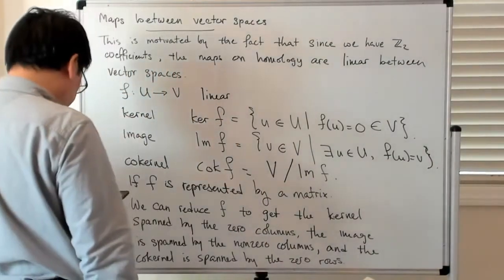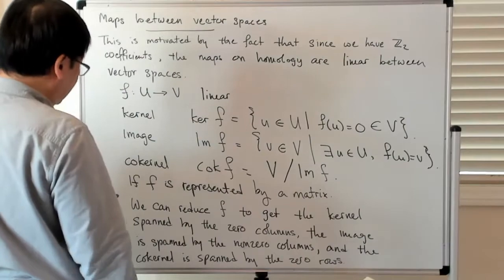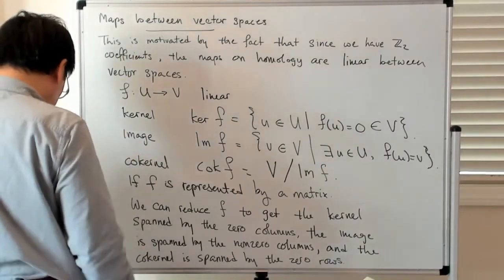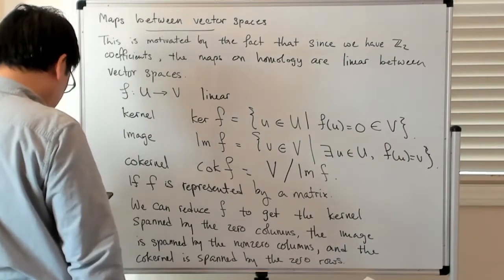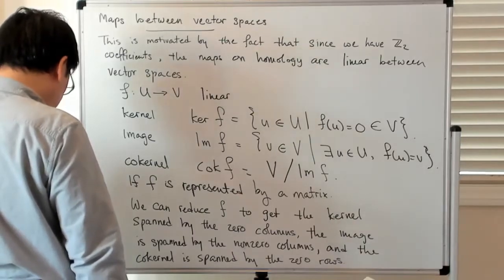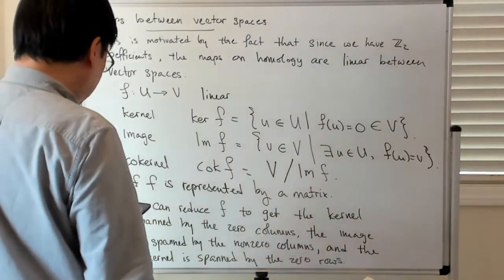And the point basically is that if you know what the kernel, the image, and the co-kernel are, you have basically all the things you really need in the following sense.